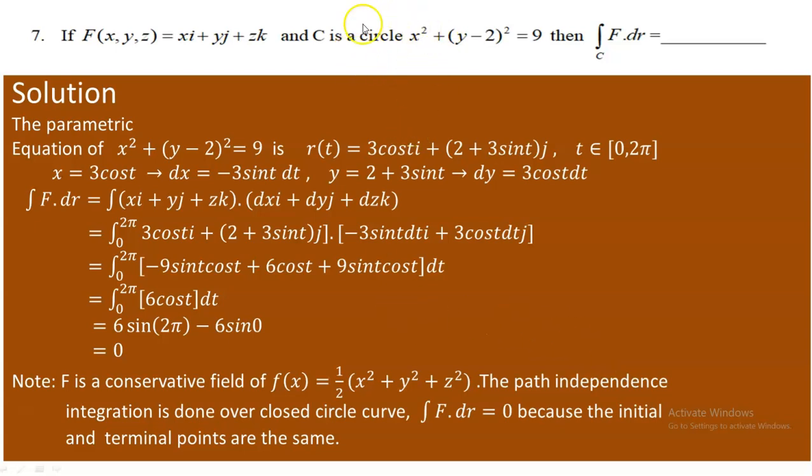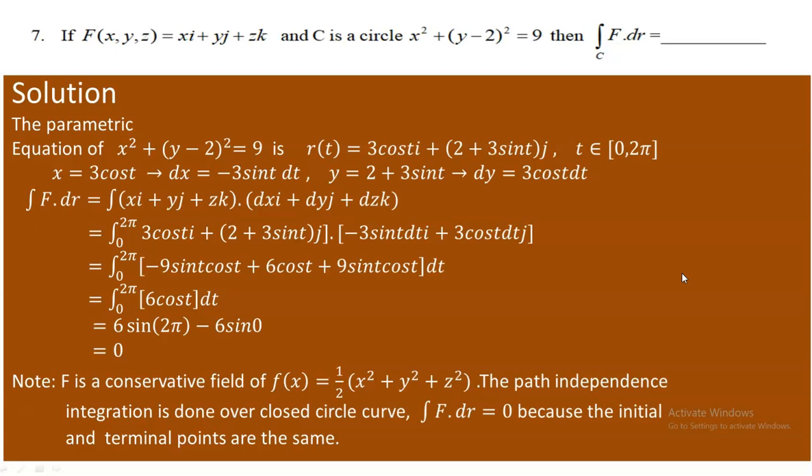Since we have a circle here, you see the initial point and the terminal point coincide. So this is going to be the value at the end point minus the value at the initial point. Since the initial and terminal points are identical, and since we have the same function, the result comes to 0.